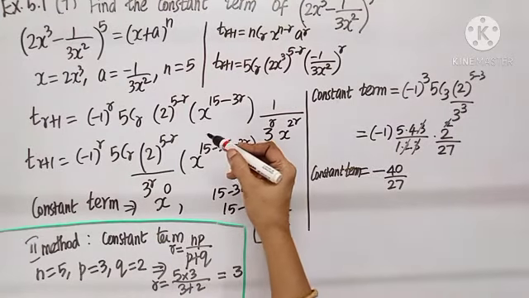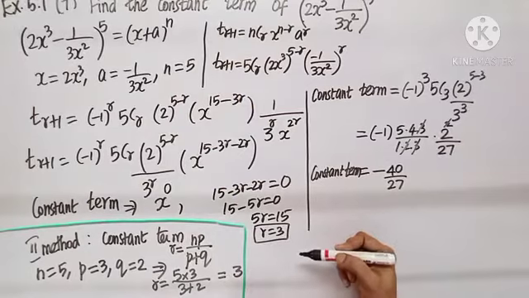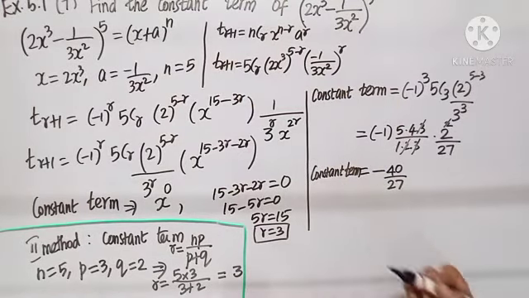So this we call the usual method using the general term. This we call the shortcut method, but we must be able to remember the formula for R whenever the constant term is asked.